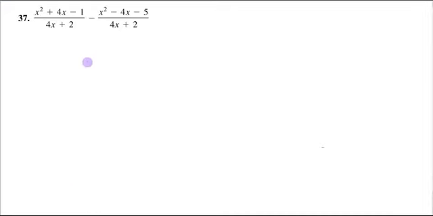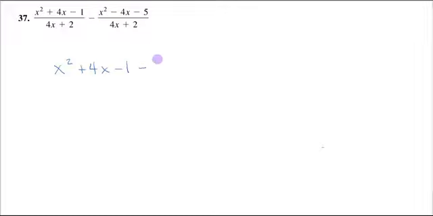On this problem, we're subtracting, but we have the same denominator. Now this one is going to be a little tricky. You'll have to remember this when we subtract fractions in the future. We have x squared plus 4x minus 1, and I want to subtract all of this.